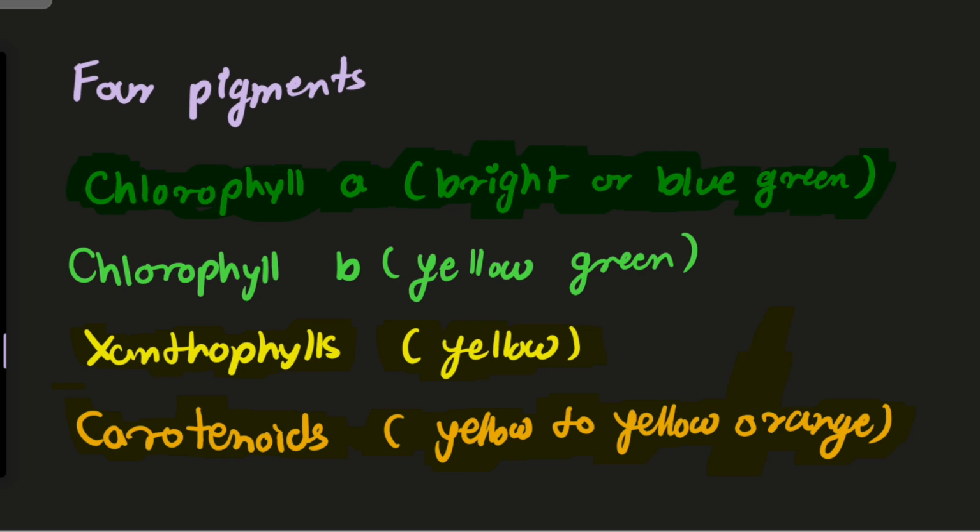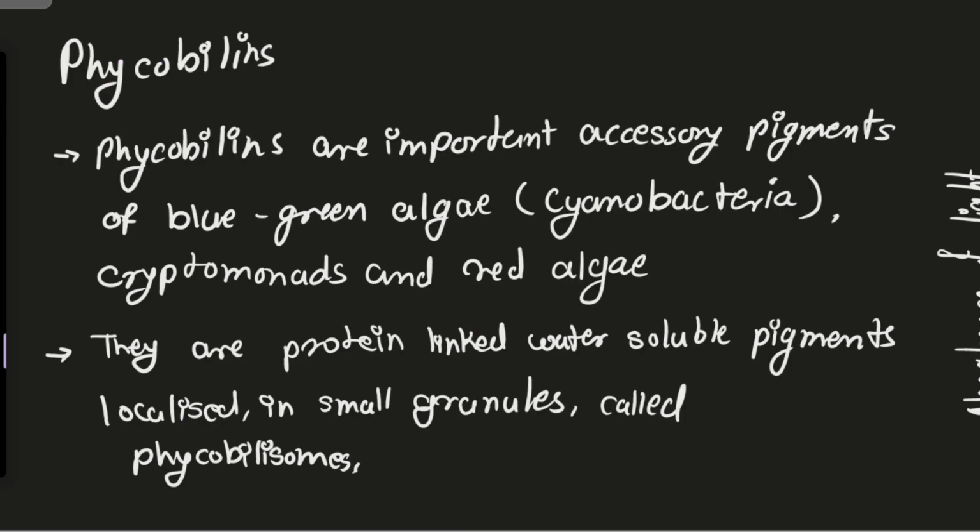Xanthophylls, which is yellow, and carotenoids, which is yellow to yellow orange in color. In maximum amount, chlorophyll A and chlorophyll B are present in the leaf. There is another pigment. These are important accessory pigments for blue-green algae, which is cyanobacteria, cryptomonas, and red algae.